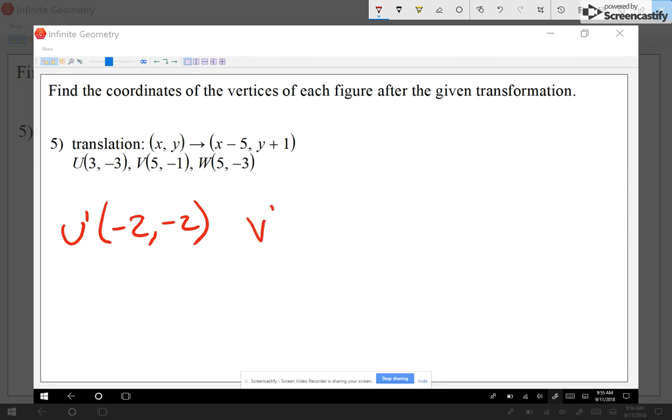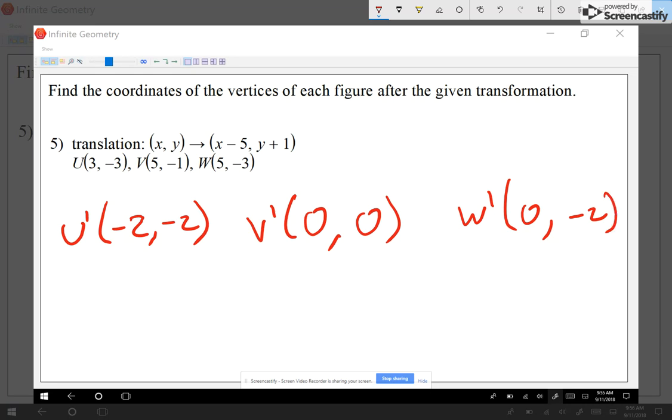For v prime, I subtract 5 from x, so I get 0. I add 1 to y, I get 0. For w prime, I go x minus 5, so I get 0. I go y plus 1, so I get -2.